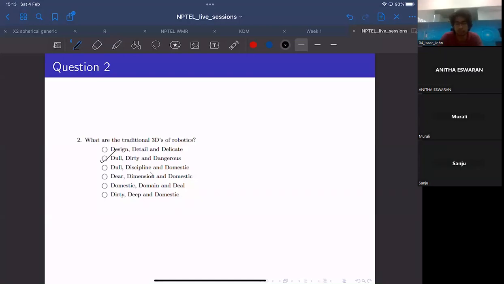So assembly line jobs are mostly dull. And jobs that come under the dirty class are mostly related to cleaning and sanitization. An example would be cleaning of manholes.